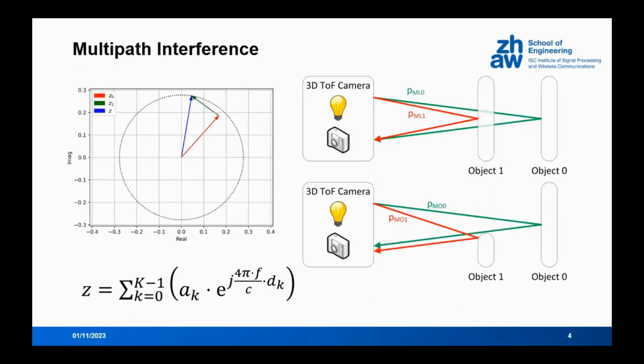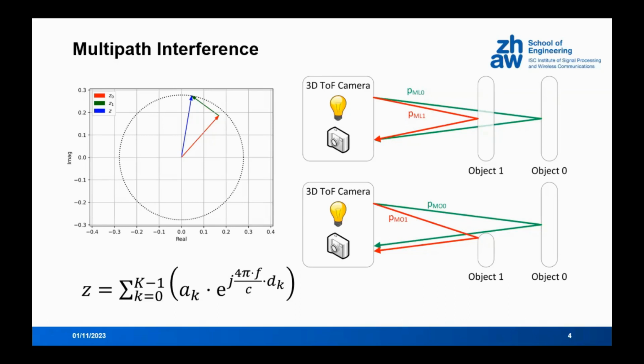What are multipath interferences? The problem is, in reality, we not only measure one distance. Often the light gets reflected from multiple objects back to the same pixel. As you can see in the upper image, we have two objects. The first object is a semi-transparent box or a mesh or something the light travels through.